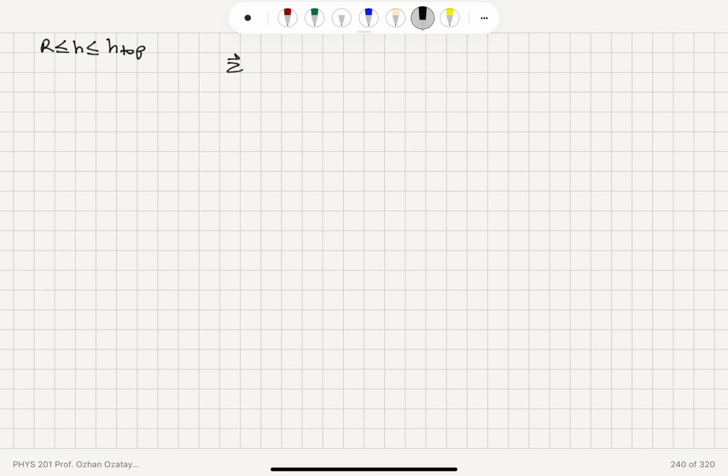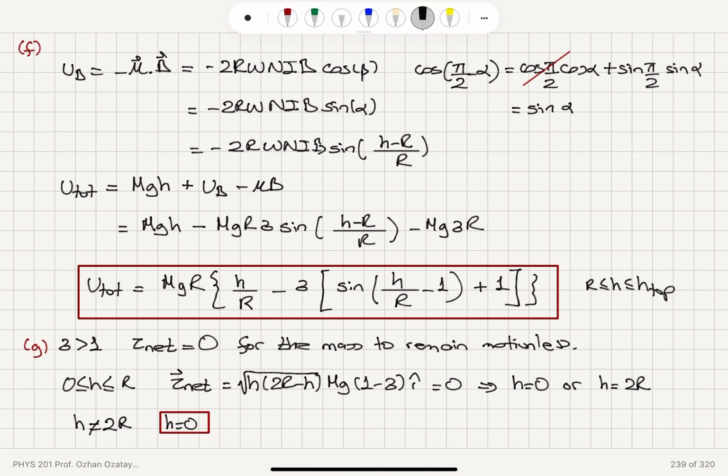The net torque we calculated in part D was mgr (1 minus sigma cosine of (h over capital R minus 1)) in i hat direction. This should be equal to 0.